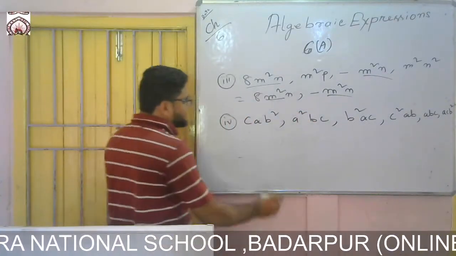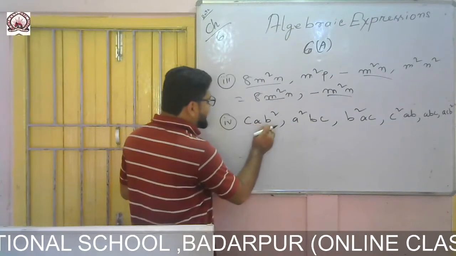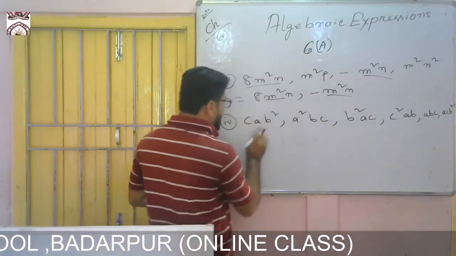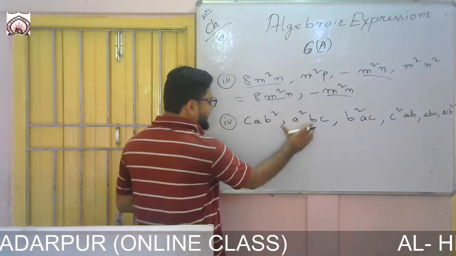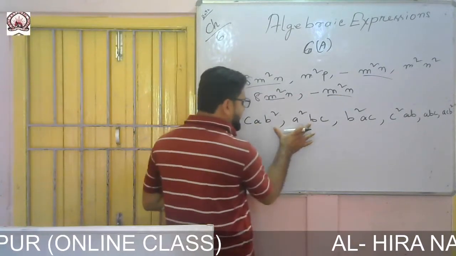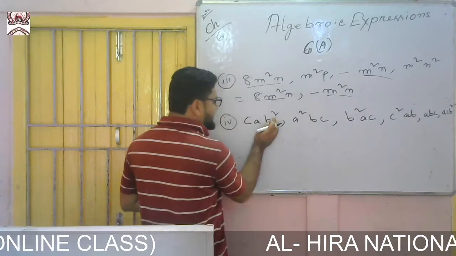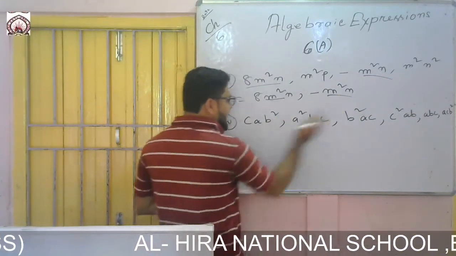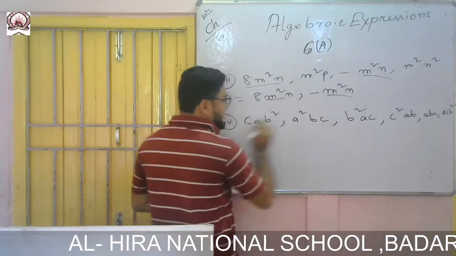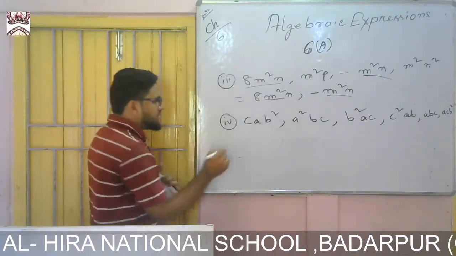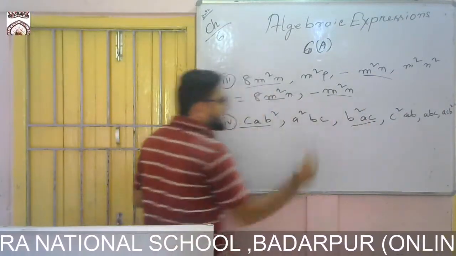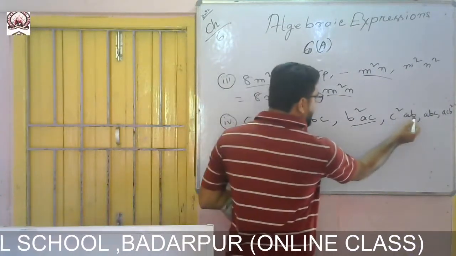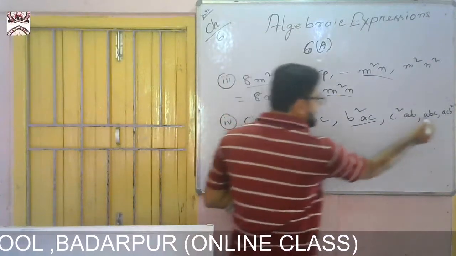So you see CAB square and A square BC, here there is no A square, so this term and this term are not like terms. B square AC, here B square is there, here also B square is there, A is there, here also A is there, C is there, here also C is there. So this term and this term are like terms. Understood? Then C square AB, is there any C square? No.